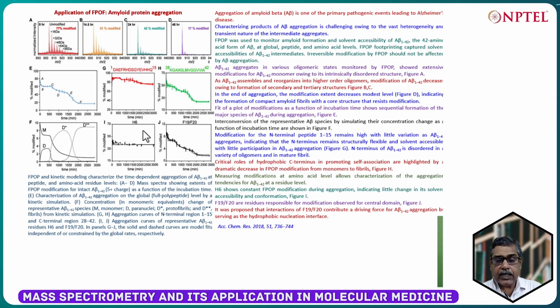So, finally, it was proposed that the interactions of F19/F20 contribute a driving force for A beta 42 aggregation by serving as a hydrophobic nucleation interface. So, in a nutshell, the entire A beta aggregation process can be very well studied using the FPOP approach, FPOP coupled to a mass spectrometry platform.